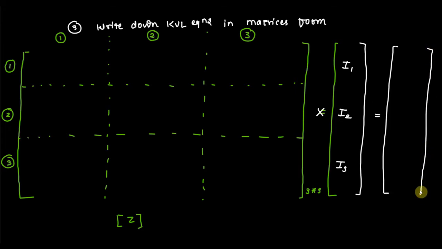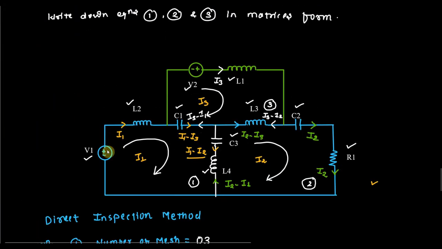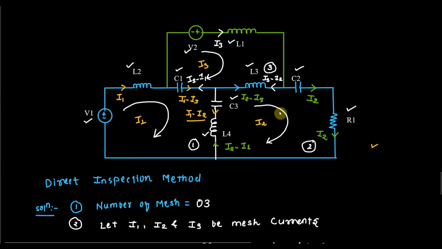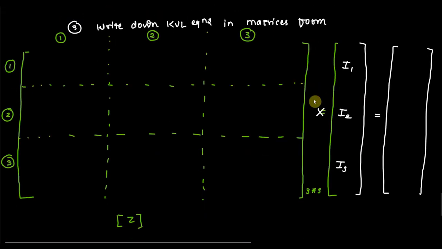In the first mesh we have V1 and it is positive. In the second mesh we don't have any voltage, so it is 0, and in the third mesh it has positive V2. So it is V1, 0 and V2.